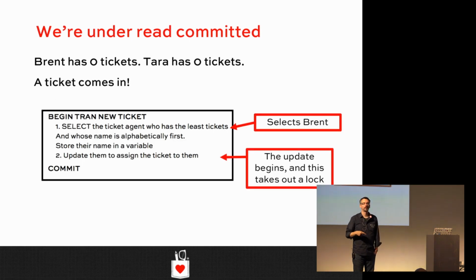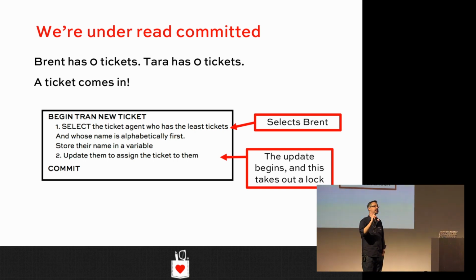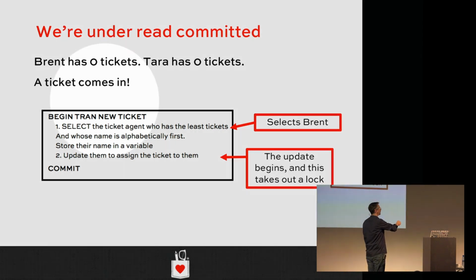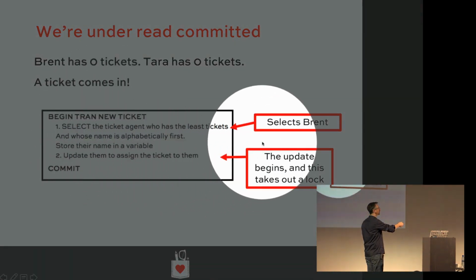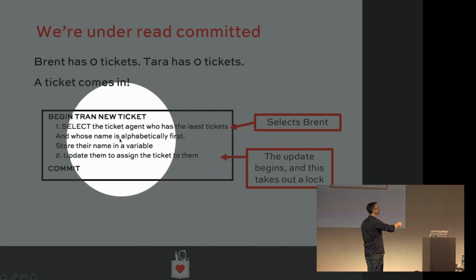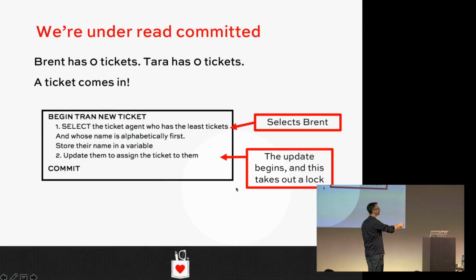Under the default, with pessimistic locking, this stored procedure fires off. It looks at who's the first help desk person available, and it sees that Brent doesn't have any tickets assigned yet. So the select works, finds Brent, and then starts updating Brent to give him a ticket.